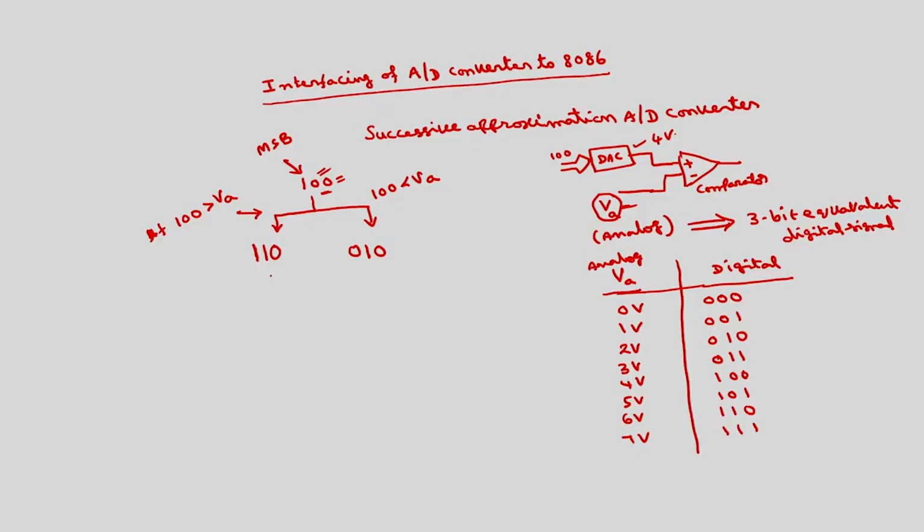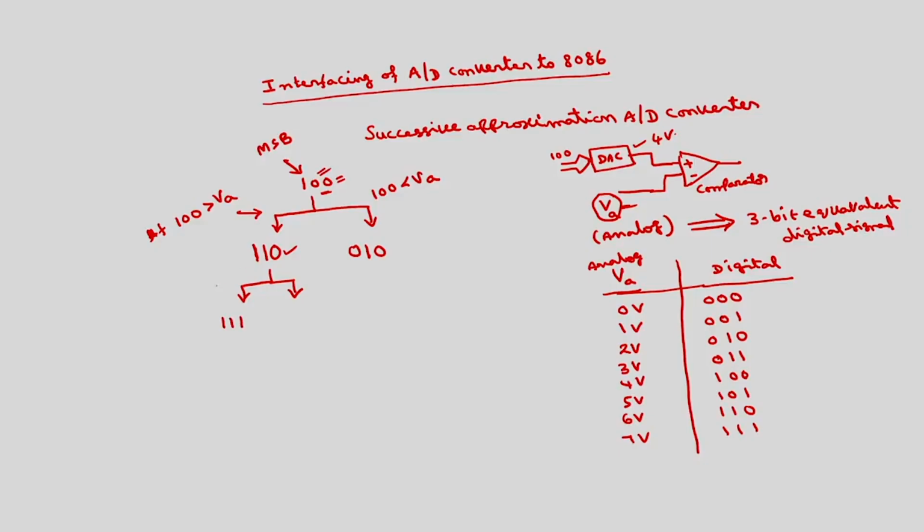Okay. Now, coming over here, I will compare again the analog equivalent of this value, which is 6. So, if this value is greater than the analog value which is to be converted into digital, I will keep these first 2 bits 1 1, and I will make the third bit 1. Okay.